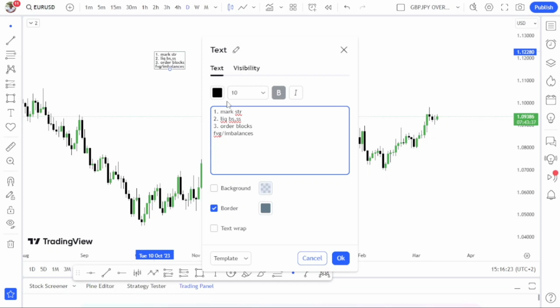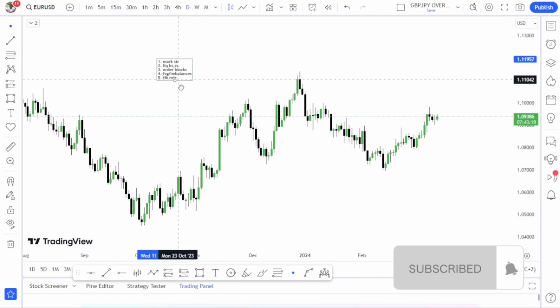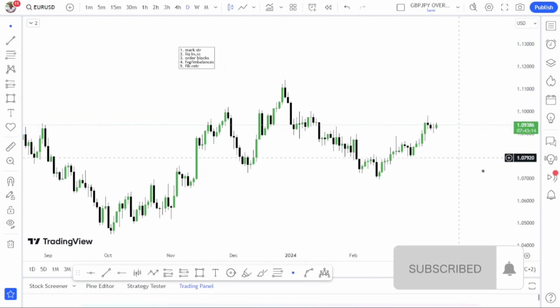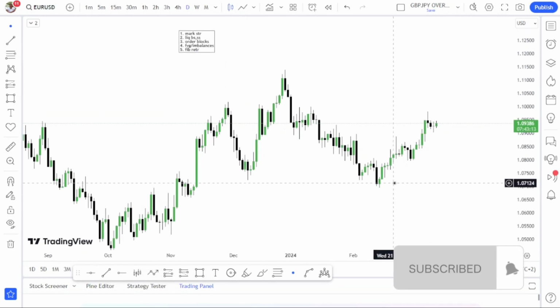And last but not least, my favorite tool, I use the Fibonacci. Okay, Fibonacci retracement in order to find my exit points and my entry points. Okay, that's what I usually use to break down the market, and I'm going to show you guys how I do that.